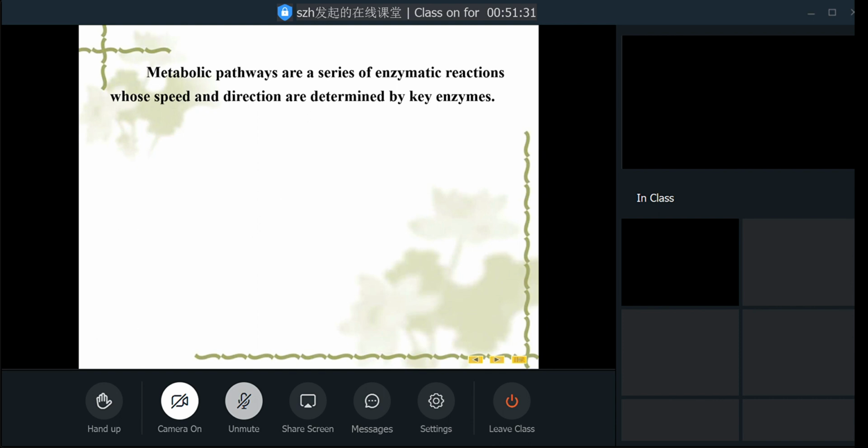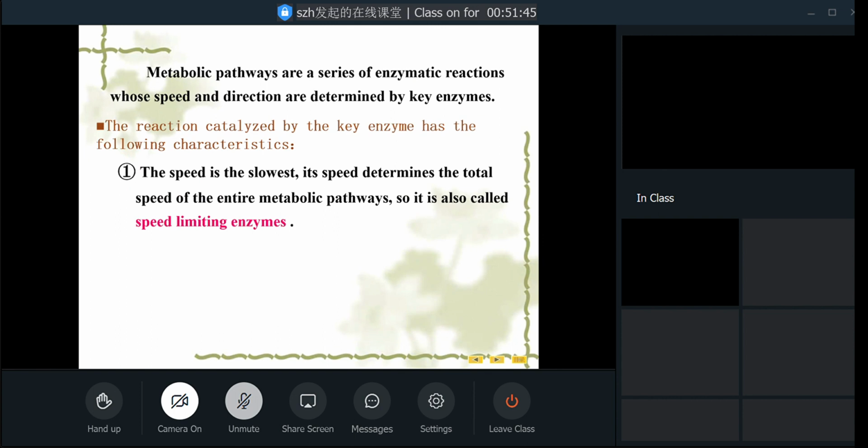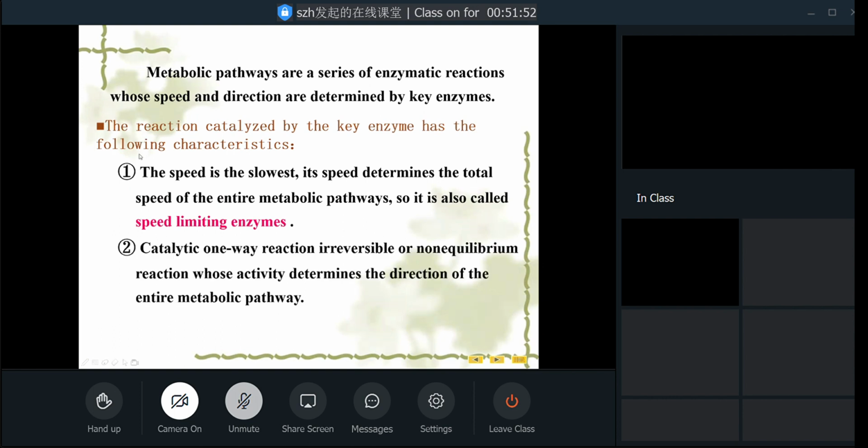Another one: the metabolic pathway is several enzymatic reactions whose speed and direction are determined by the key enzyme. Here you can see several definitions. The reaction catalyzed by the key enzyme has the following characteristics.